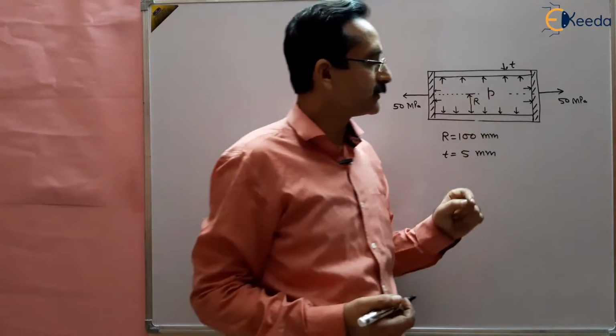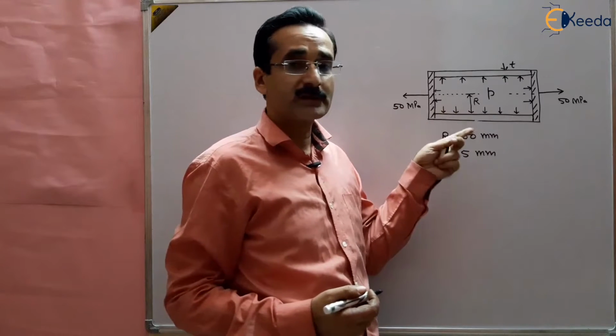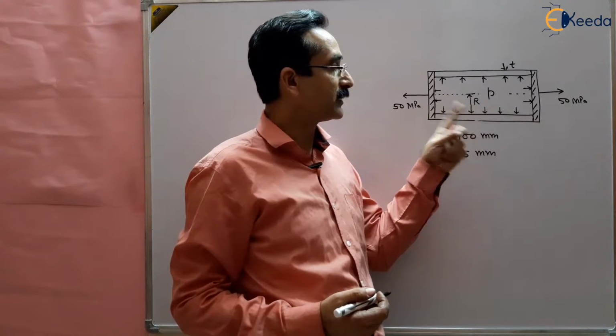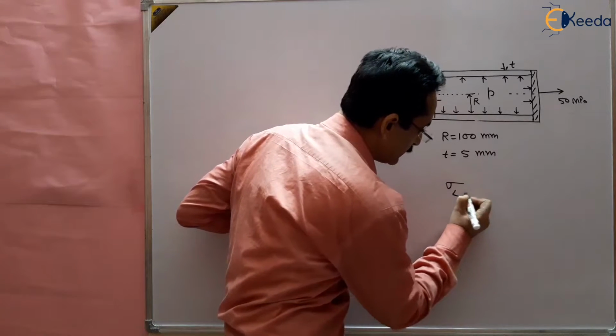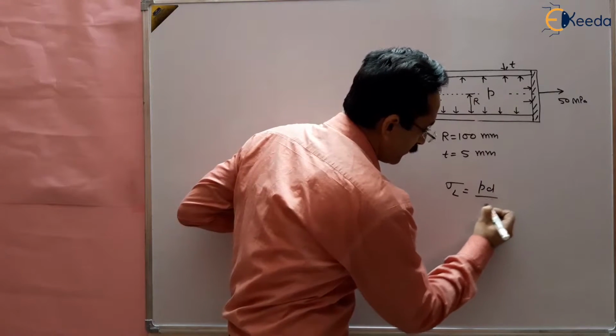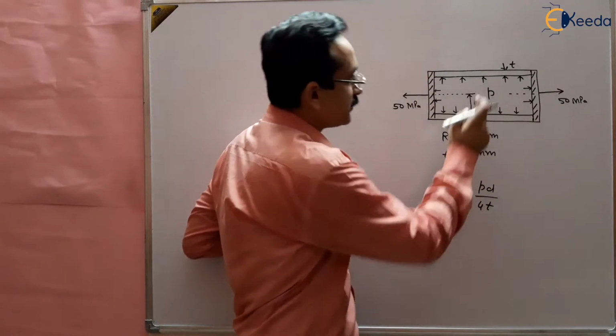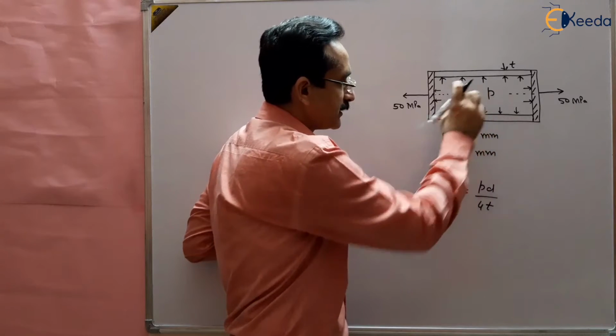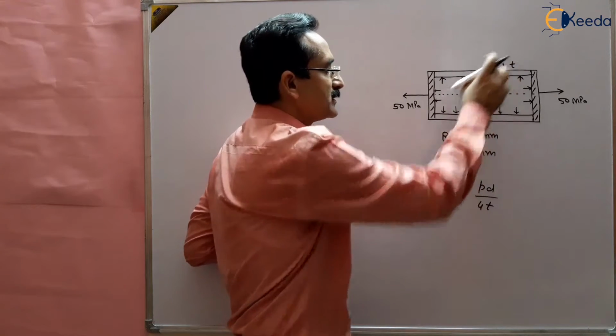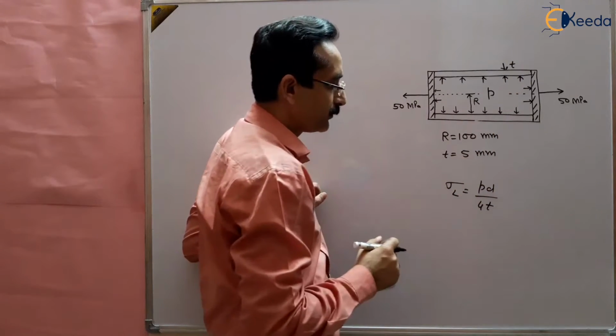Due to this pressure there is longitudinal stress or axial stress, sigma L, which is given by the formula PD by 4t, where P is the pressure applied, D is the diameter, which is double of the radius, and t is the thickness, given as 5 mm.